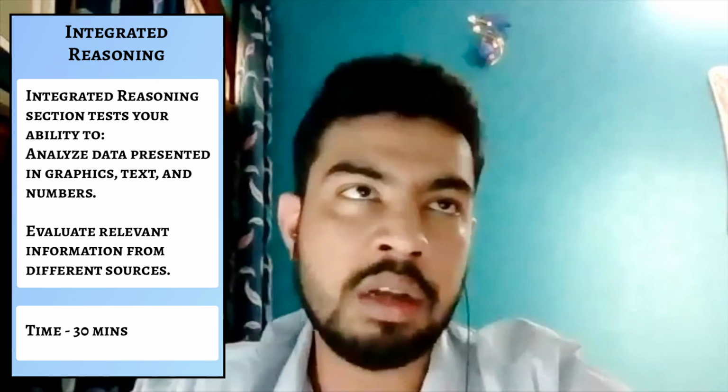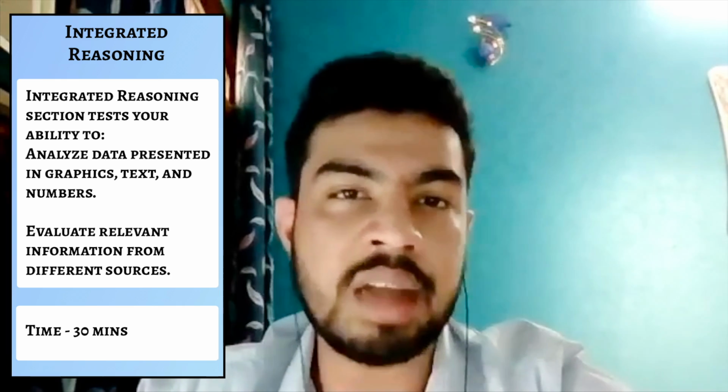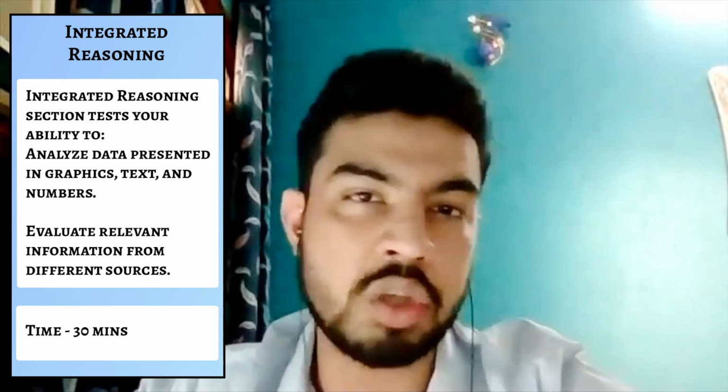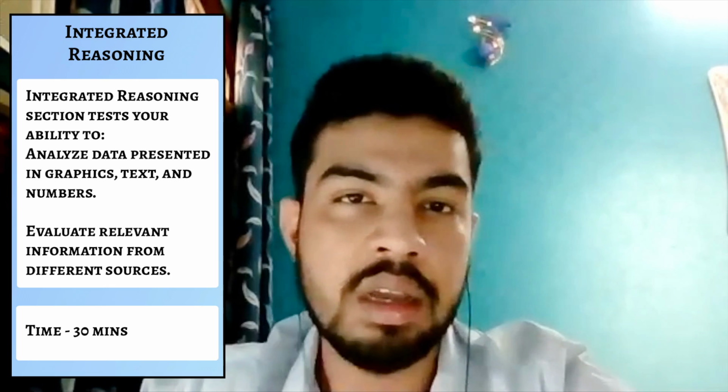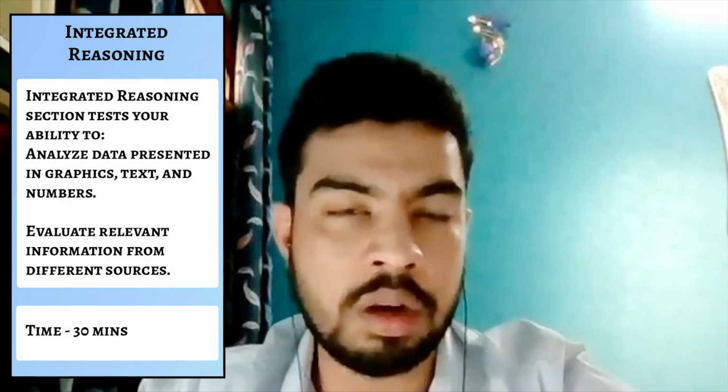This part is also 30 minutes and has 8 questions, and it tests your ability to analyze data and answer questions on the basis of that. These two sections don't contribute to your overall score, which is out of 800. They have their individual scores, but they don't contribute to the overall score.